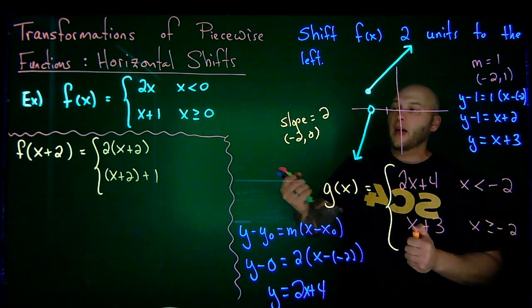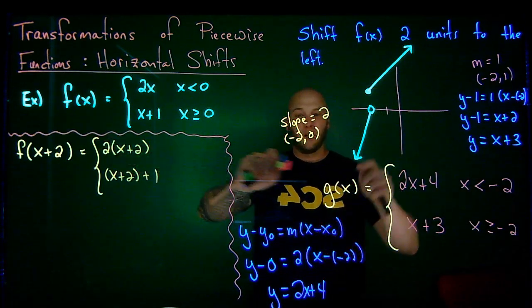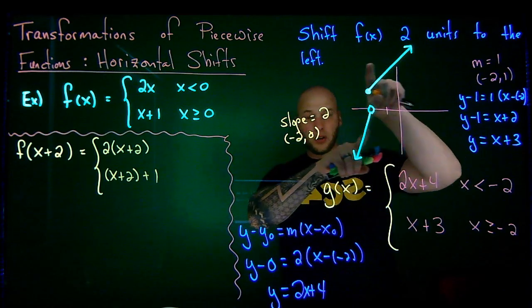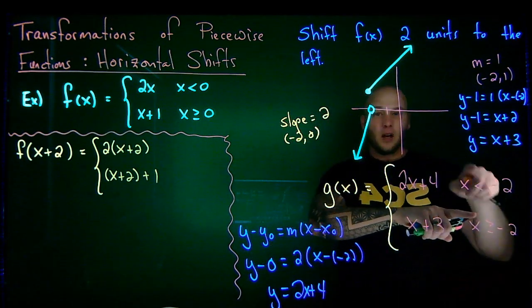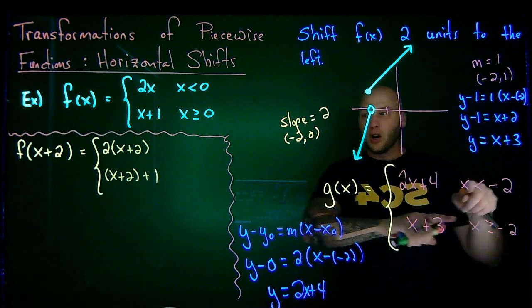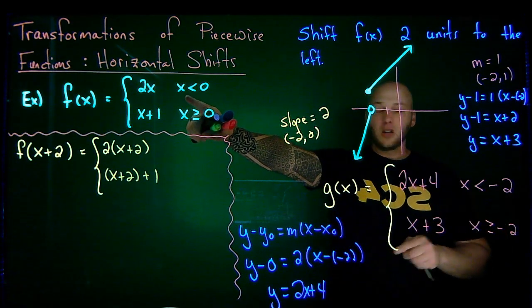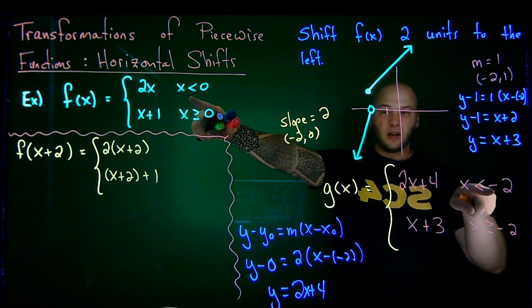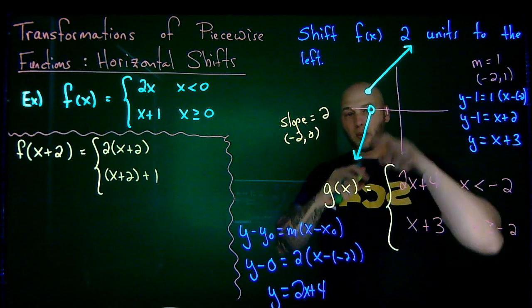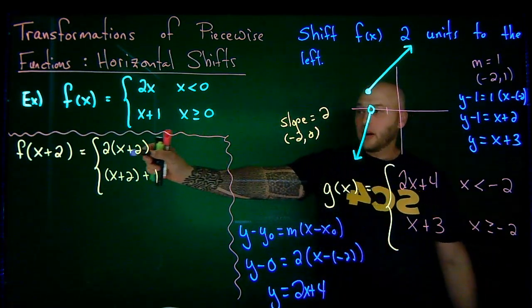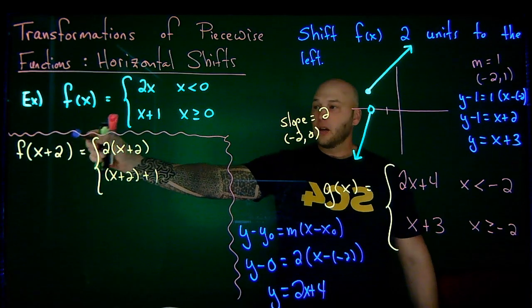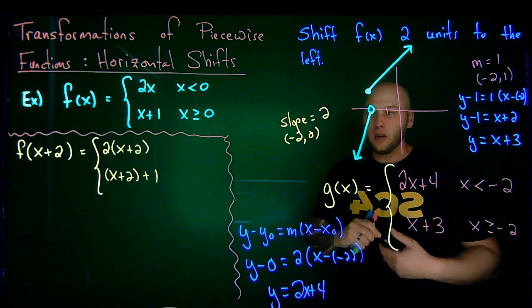The other part of the piecewise function consists of the inequalities. Remember that if I'm shifting the function, like over here in green, where we shifted the function to the left, we also shifted where the function expressions were used. Originally, we had x less than 0, where over here we have x is less than -2. And we can visually see that with the expression. Well, how do I incorporate plugging this into the original piecewise function?